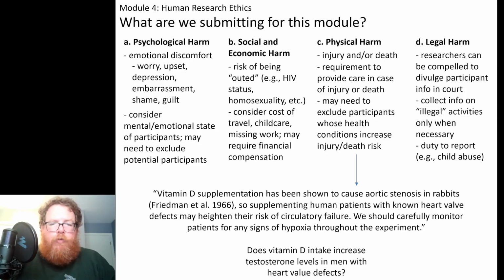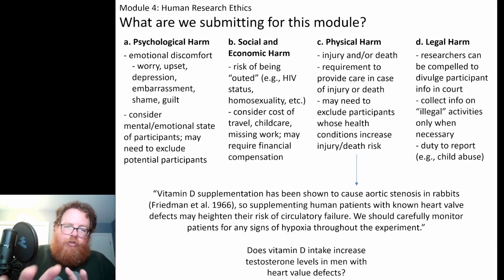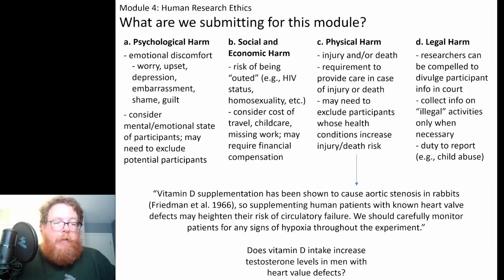And there's my reference to it. So supplementing human patients with known heart valve defects may heighten their risk of circulatory failure. We should carefully monitor patients for any signs of hypoxia throughout the experiment. So this is my kind of justification. And again, I've used research to justify my assessment here.